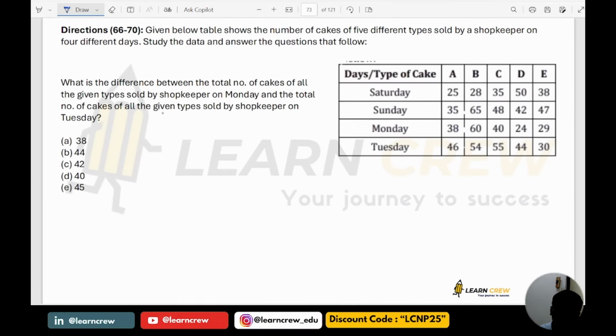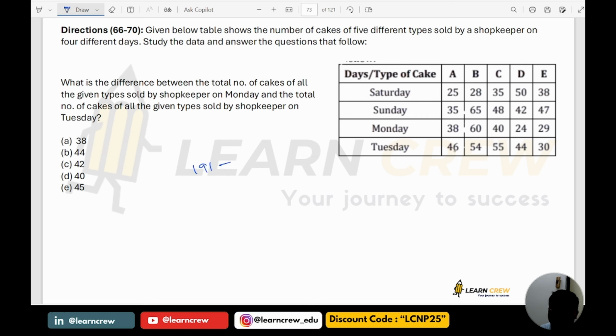Next. What is the difference between the total number of cakes of all the types sold by the shopkeeper on Monday and all the cakes sold on Tuesday? Monday total, if you add all together: 38 plus 60, 98 plus 40, 138 plus 24, 162 plus 29, 191.